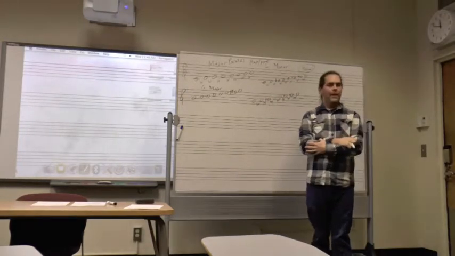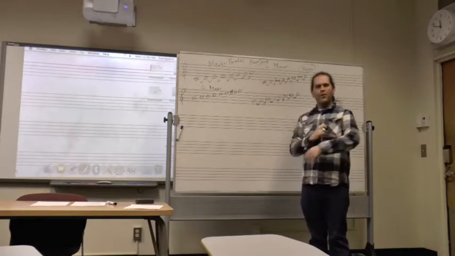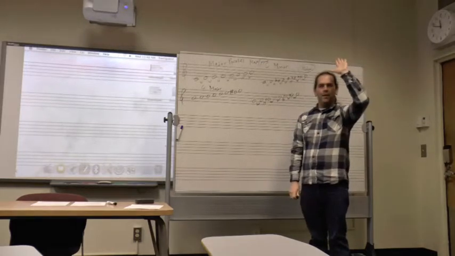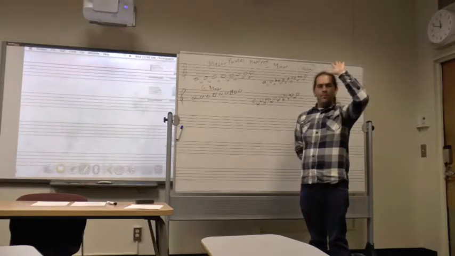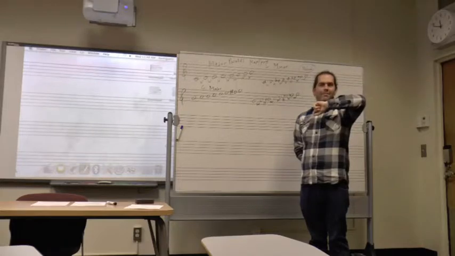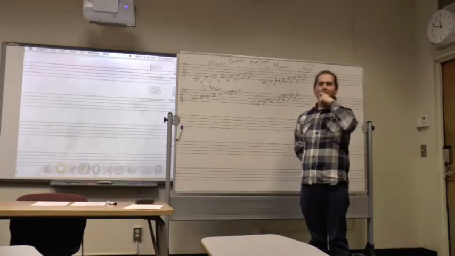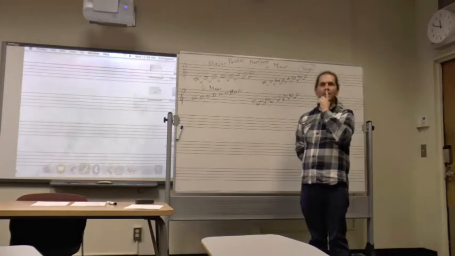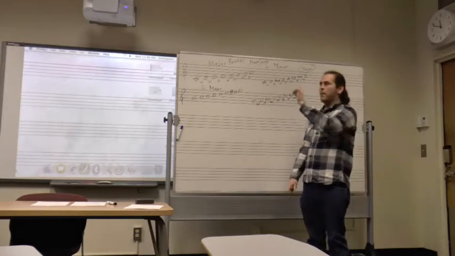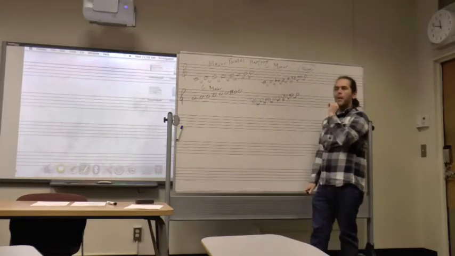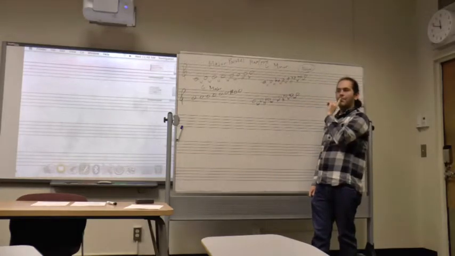Parallel major and minor. Who has heard the term parallel major or minor before? If not, that's okay. I've heard of parallel lines, but that's a math thing. Does anybody want me to elaborate on that a little bit more?